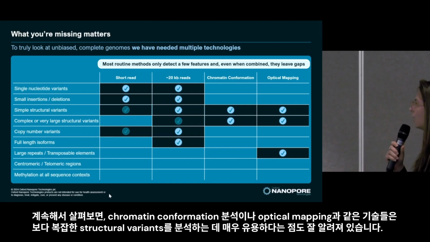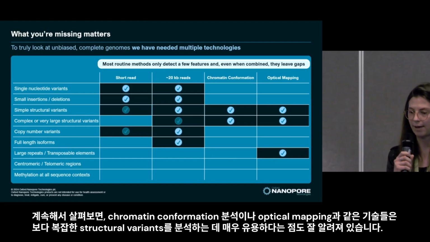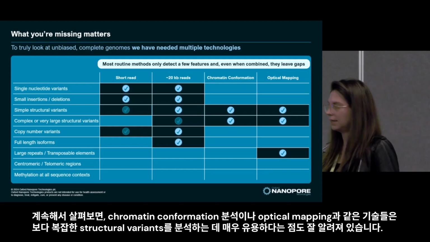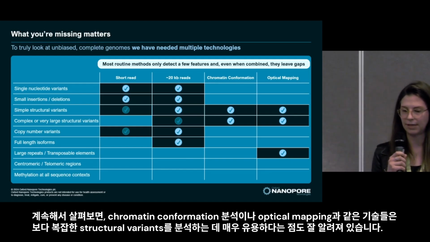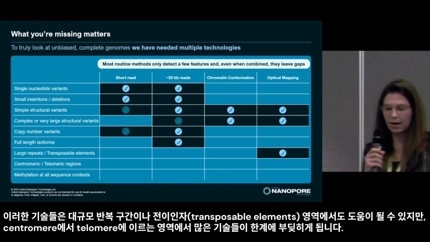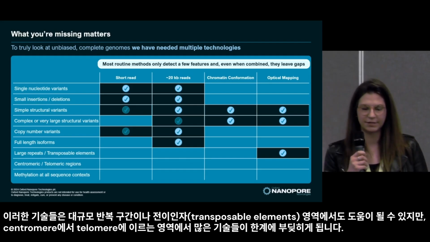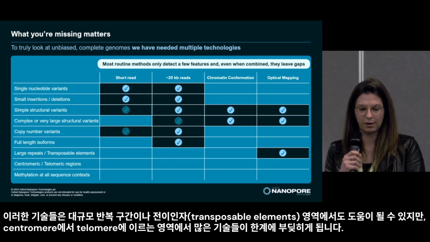Moving along, we know too that things like chromatin conformation and optical mapping are great at getting at slightly more complex structural variants. And we know too that they can be beneficial in large repeat regions and transposable elements.